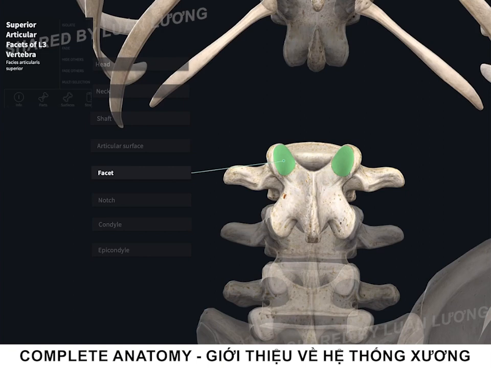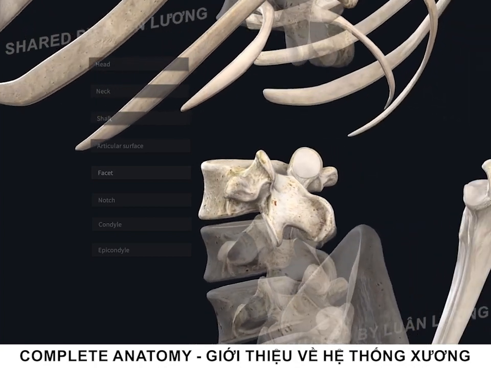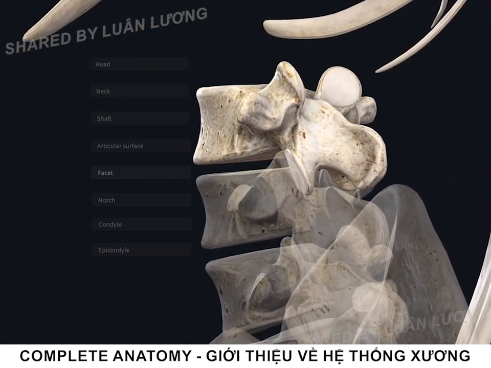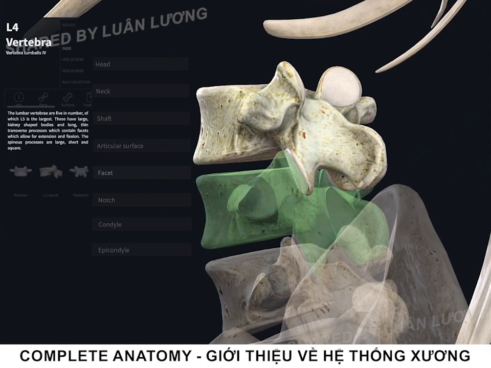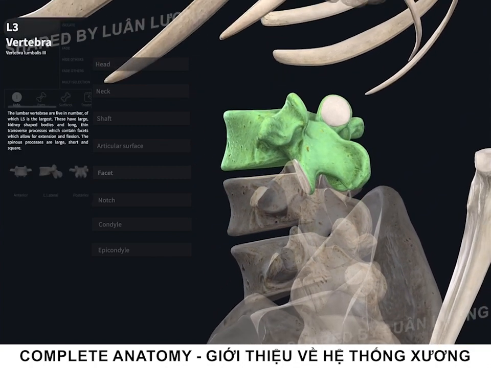So it's given a very specific name to let us know it's on top, superior, articular, it's related to a joint, and it's a facet, the smooth part of that piece where they meet up. So a facet is going to be a specific type of smooth surface where you can see one bone overlapping with another here in the vertebral column.